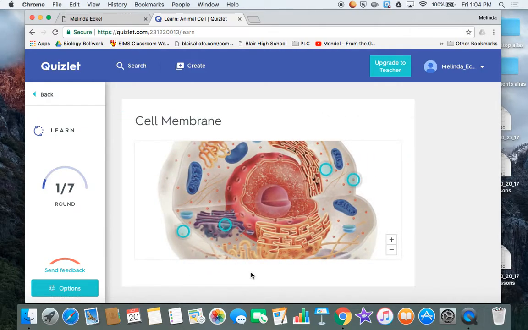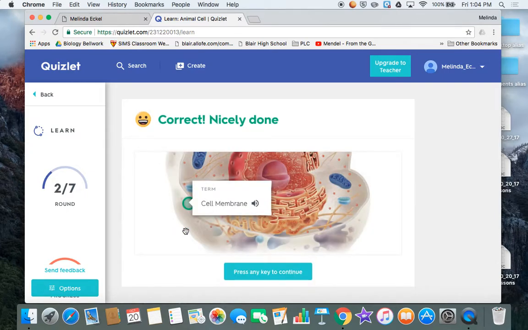So I want you guys to go through and practice that. And there's 2 animal cells on there. Make sure you know the function as well.